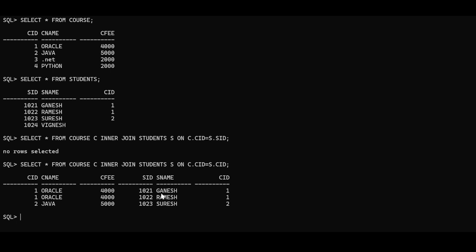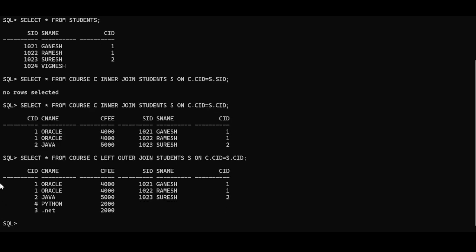But what I want to do here is use the outer join, the left outer join. The moment I start using the left outer join, now you see the result.